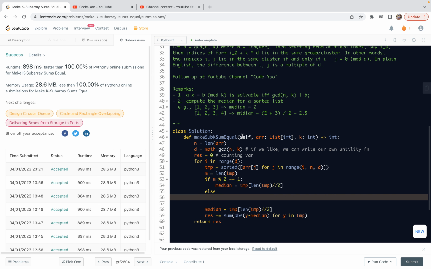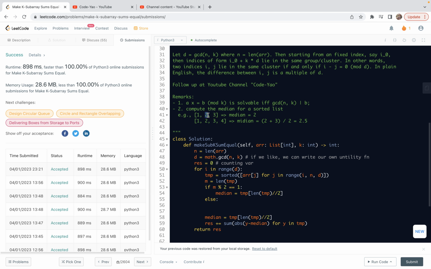Otherwise, the middle is corresponding to index 1, that is 3 integer division by 2. Here we are using the average of, here it's 4, 4 divided by 2 is 2, right? 2 and 2 minus 1.